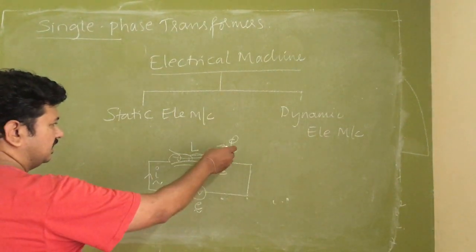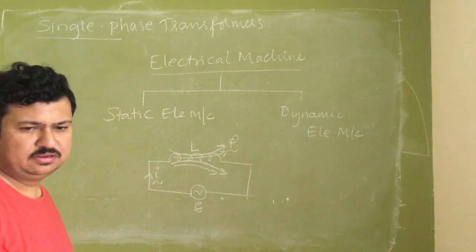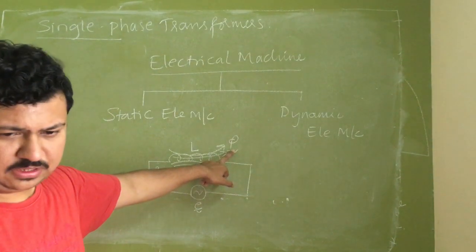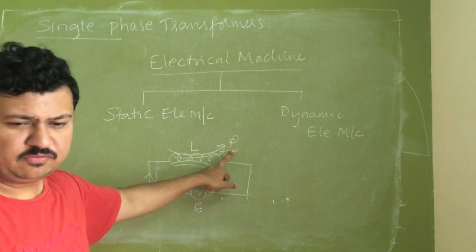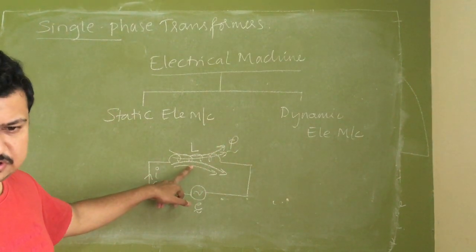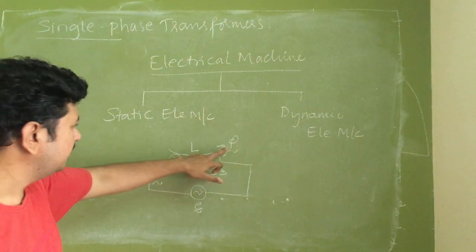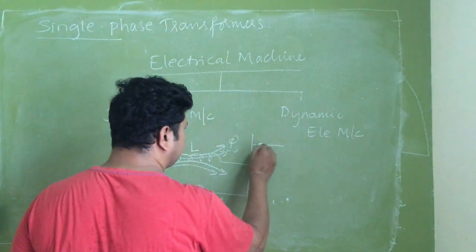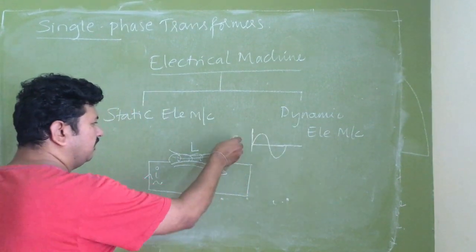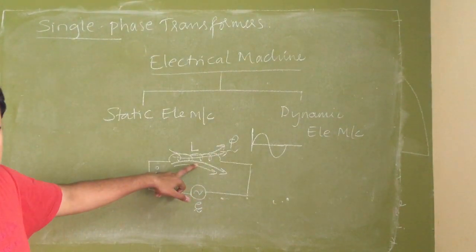Now the same flux phi is linking to this coil, which is stationary. Neither is the flux moving, nor is there any physical movement of the coil, but still the flux linking to this coil is continuously changing because this flux is alternating. At every instant the value of flux is changing and that is linking to this coil.